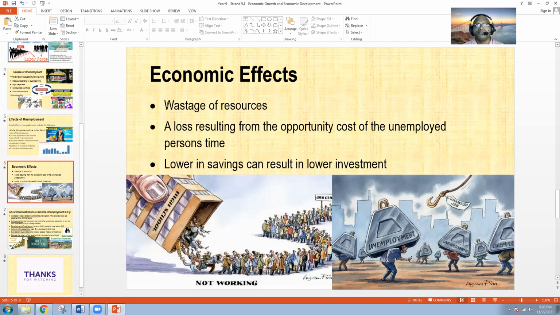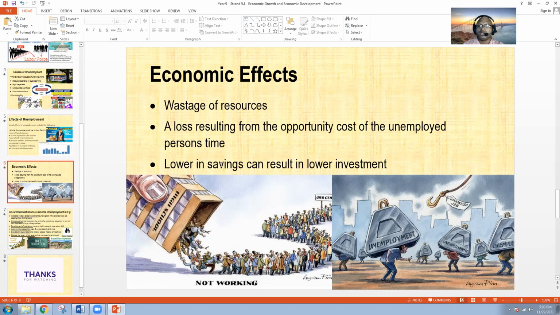Economic effect: waste of resources. Our labor is a resource. We have mental and physical resources which are unused. Loss of opportunity costs, the unemployed person's time, low savings.